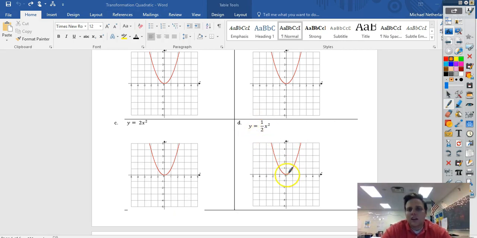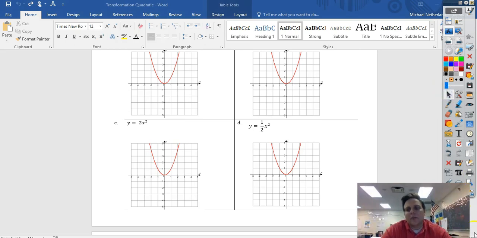Okay, well, the origin has not changed, and then you're going to go over 1, up a half. Over 1 up a half. And those are your 3 points. Okay? And there you go.